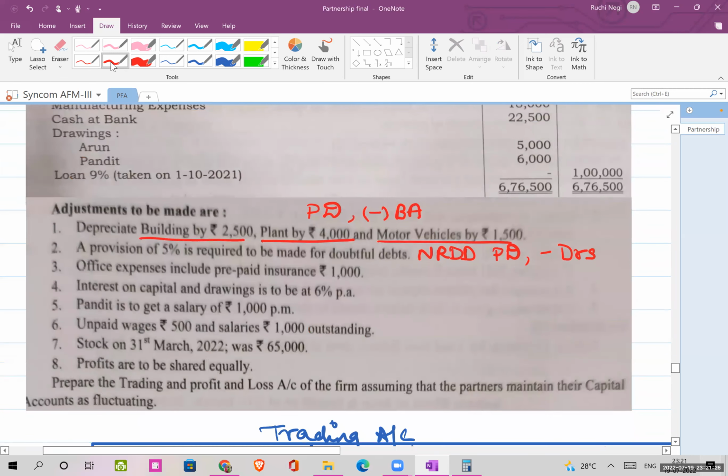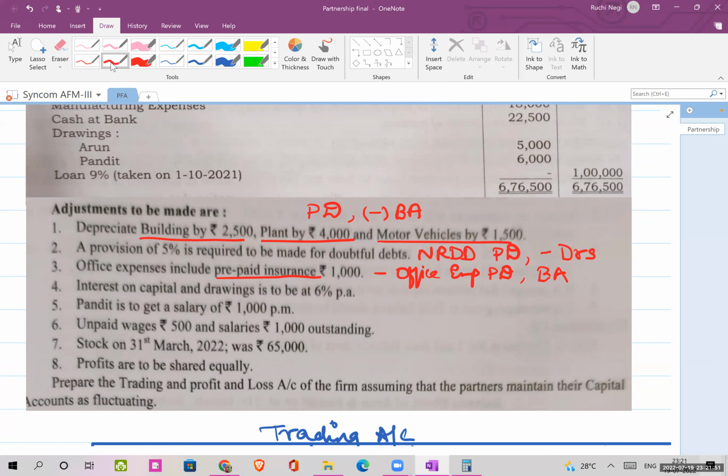So this is prepaid insurance, and it will have two effects. Less from office expenses, which will be P&L debit side, and the second effect will be balance sheet assets.